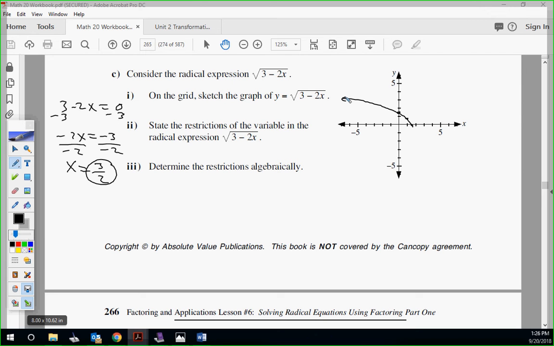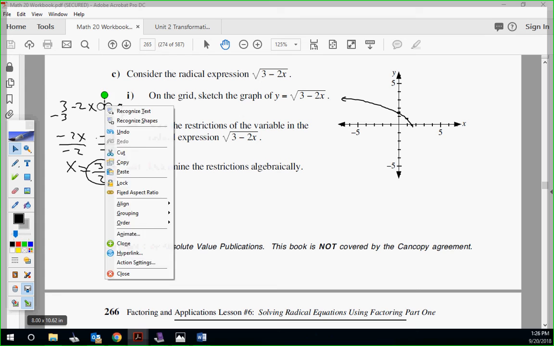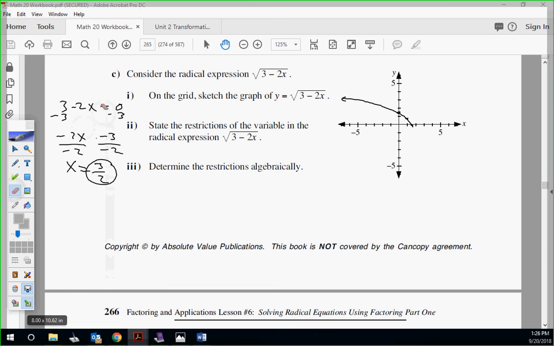Let's just change this right here to a greater than or equal to 0, right? That's what we said we wanted. We said we want the inside of the radical to be greater than or equal to 0, correct? Now look, what do you do to an inequality when you divide by a negative?